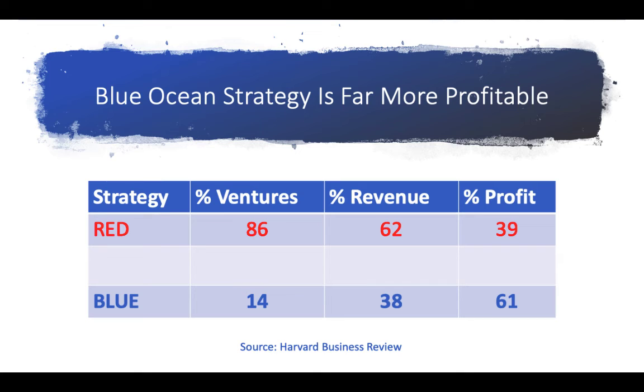And while only 14% of the ventures were blue oceans, they delivered a disproportionate 38% of the revenue and 61% of the profit.